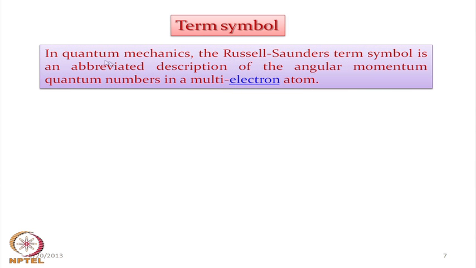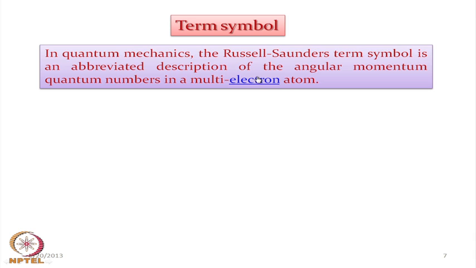How do we get term symbols? In quantum mechanics the corresponding coupling scheme is known as Russell-Saunders coupling, and due to that coupling a term symbol is an abbreviated description of the angular momentum quantum numbers in a multi-electron system. If we have 2p electrons or 2d electrons, we can have the description for the total angular momentum.